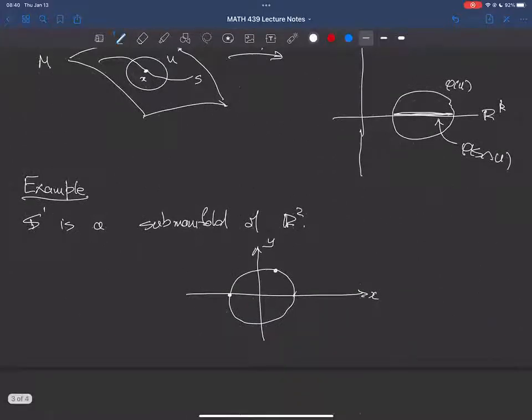So we have to choose a coordinate chart for R2 which has the property that one of its coordinate functions is constant along the circle, and by just shifting, we can make that constant equal to 0. So what coordinates can you think of for the plane which will have a property like that?